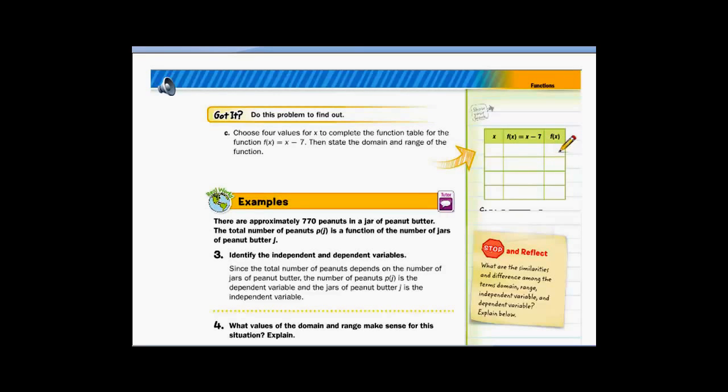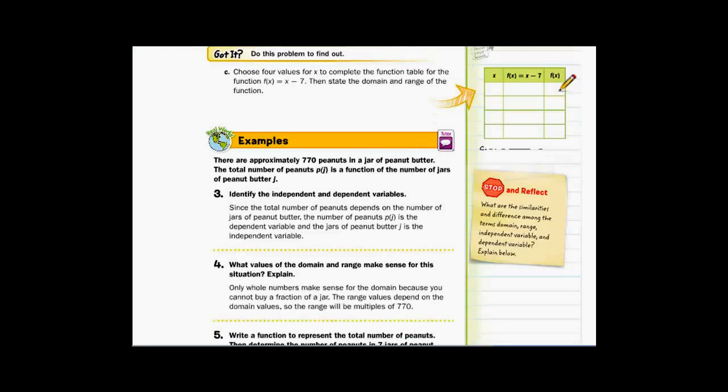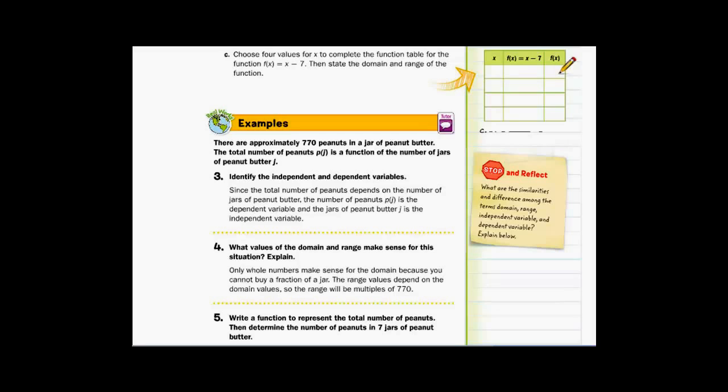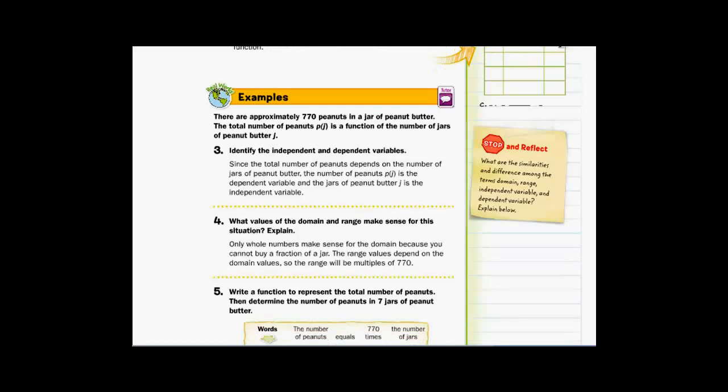It says there are approximately 770 peanuts in a jar of peanut butter. The total number of peanuts, P of J, is a function of the number of jars of peanut butter, which is J. Identify the independent and dependent variables. All right?